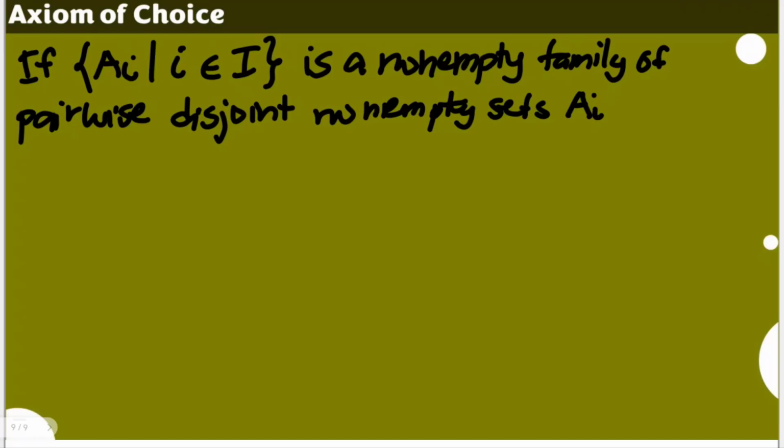That would mean in all of those elements, there are no common elements. That's why they are called pairwise disjoint non-empty sets.